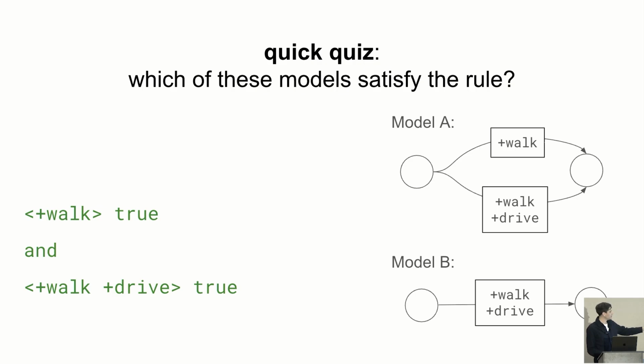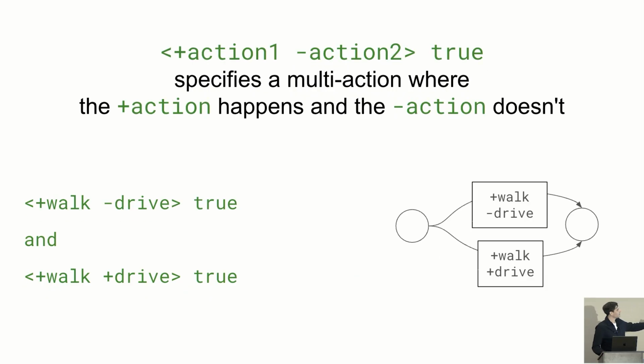The rule over here is diamond plus walk, true, and diamond plus walk plus drive, true. And the answer is they both satisfy, okay? Because even these are multi-actions, and that first one, the second one, you might think, oh, I also need to drive. Well, this rule at the top doesn't say that it's necessary.